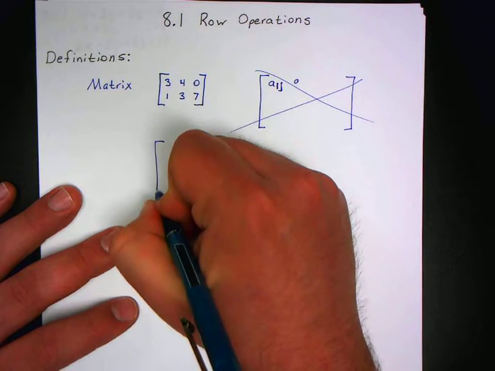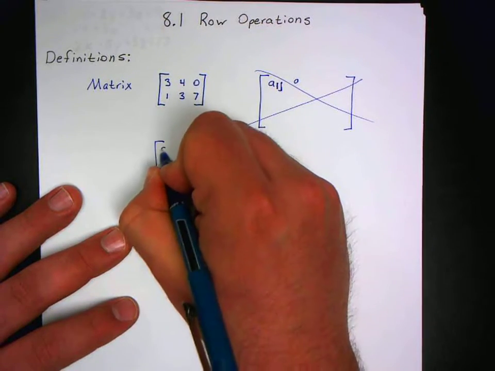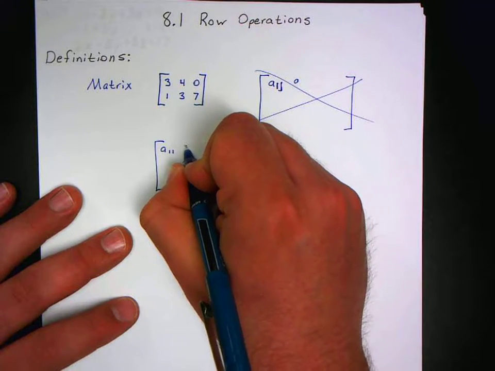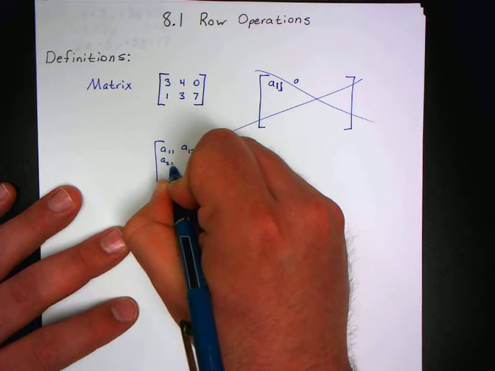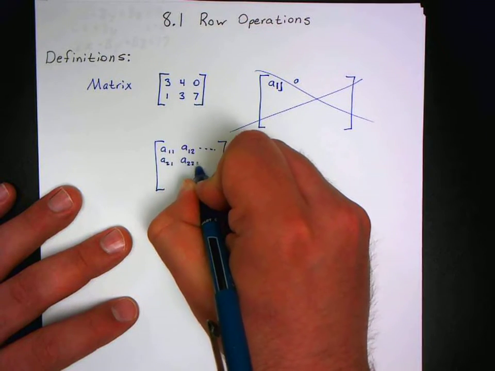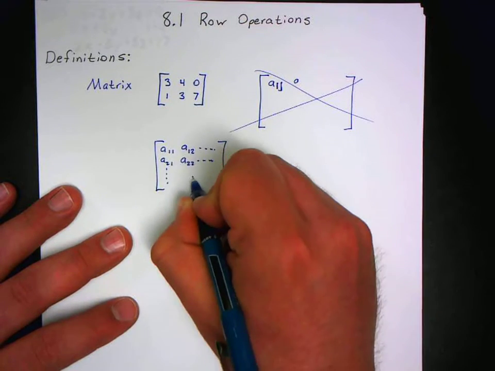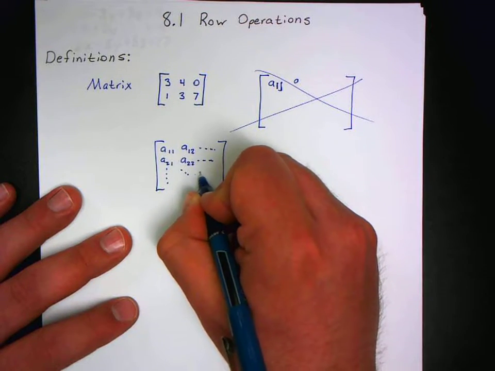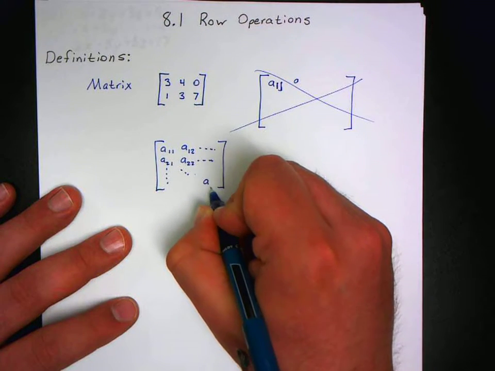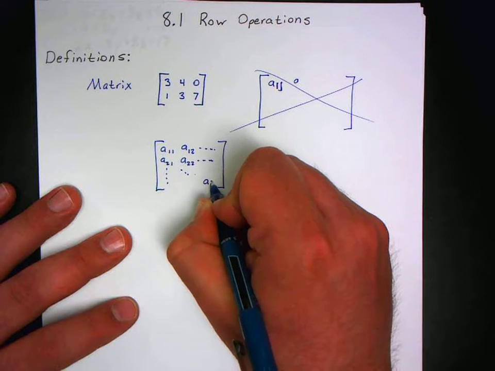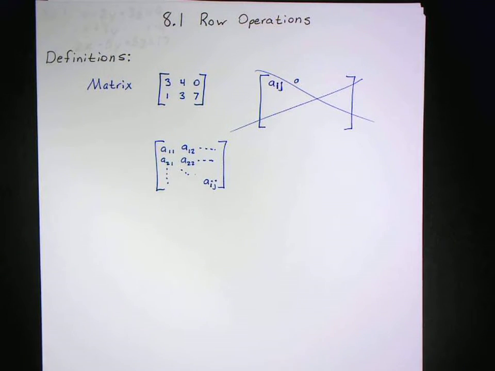Let's start that over again. That's kind of how they do a generic matrix. You're not going to be asked to do anything like that. I just wanted to show you.